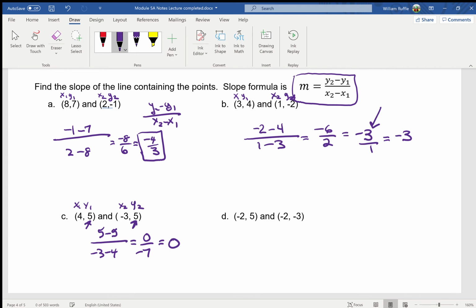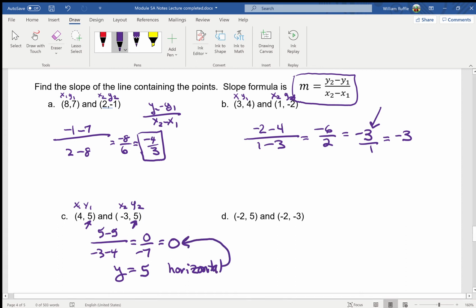They're both 5. And so what that means, this equation is really y equals 5, because the y value is not changing. Now if you remember, I just did this a minute ago, y equals a number is a horizontal line, isn't it? So horizontal slope is 0. And that will definitely be talked about in the future.